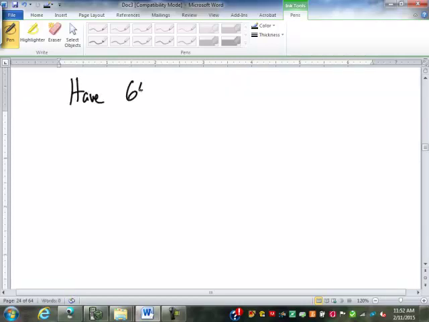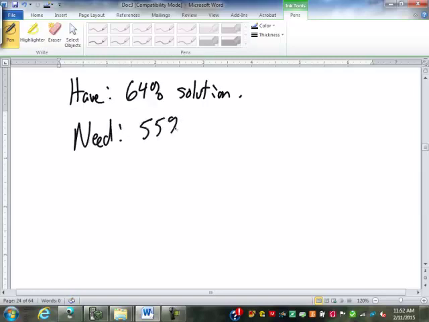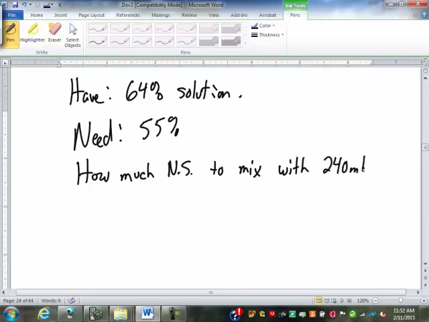Let's say that we have a 64% solution, and we need 55%. How much NS, sterile water, do we mix with 240 milliliters of the 64% to get the 55%?